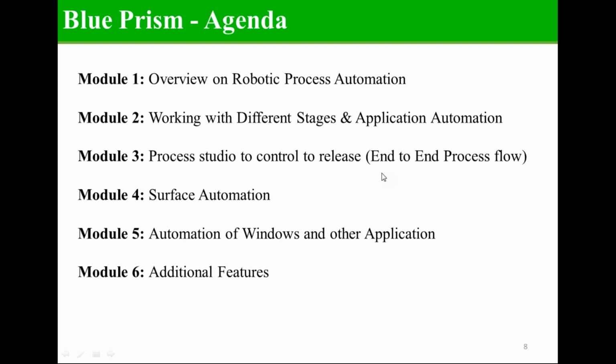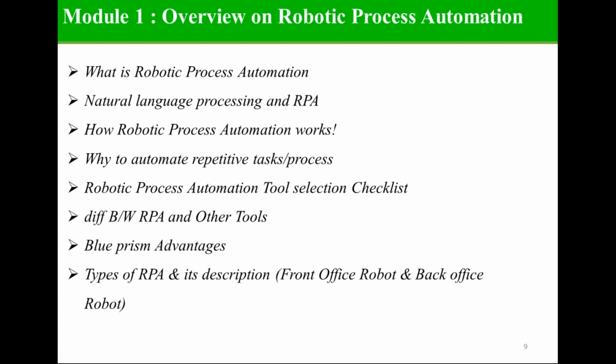Then surface automation, working with images, which is module 4. Module 5 is working with Windows applications, and then some additional features. In module 1 we will mainly understand the RPA life cycle and the different kinds of documents that need to be prepared.